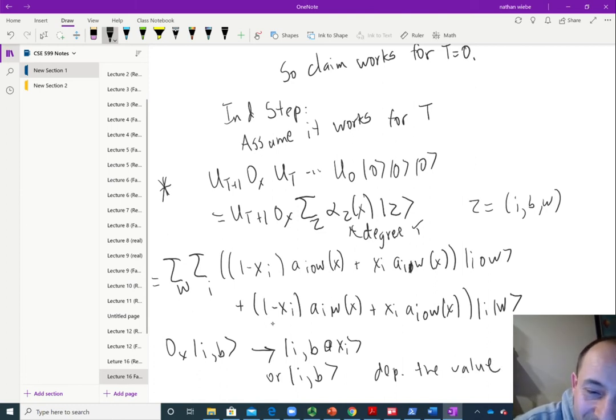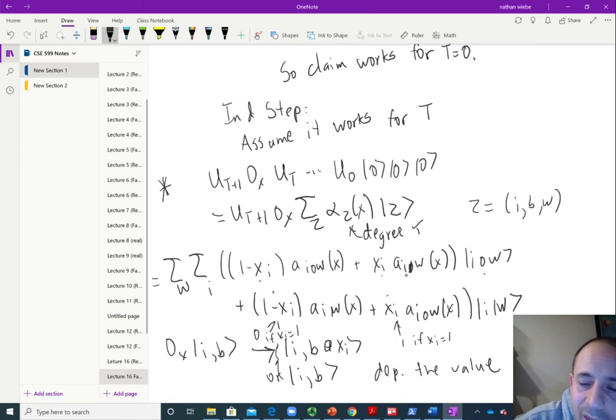This term is 0 if x_i equals 1, but this one is 1 if x_i equals 1. So these two terms are basically doing a piecewise function, where I've flipped the bit over here.